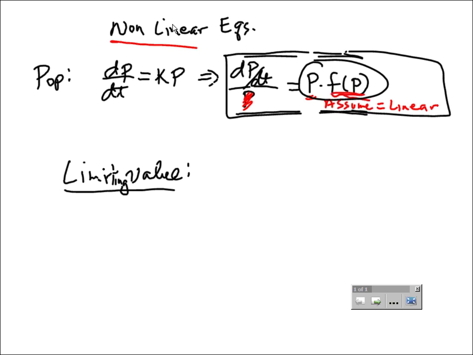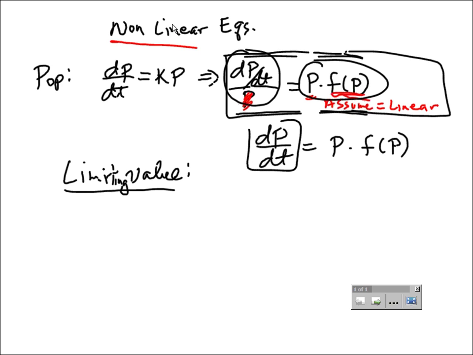Or it's just below 20 million and it's changing very little. In the limit, it won't be changing. That is, this is 0. But this is 0, what I'm writing in the limit, but it equals the population times f of p.